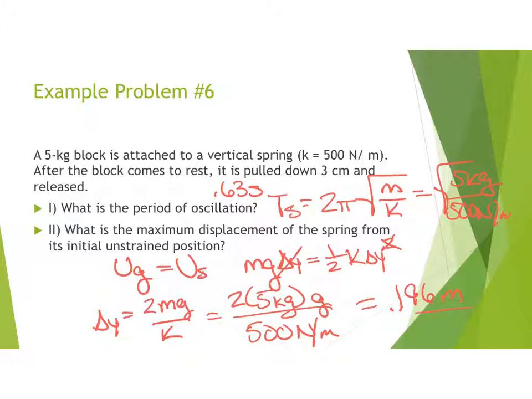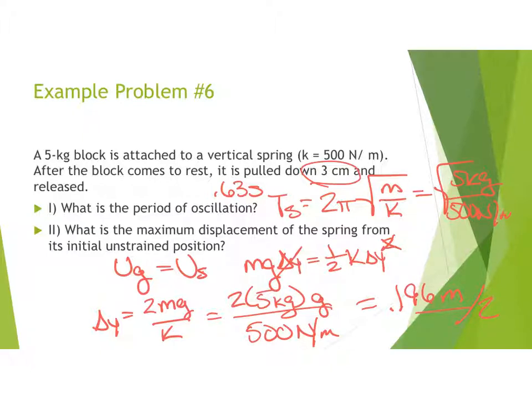So if I want to know the spring from its initial unstrained position, that also means I'm talking amplitude only and the additional 3 centimeters from its unstrained position. So the first thing I'm going to do is divide this by 2 to get my amplitude.